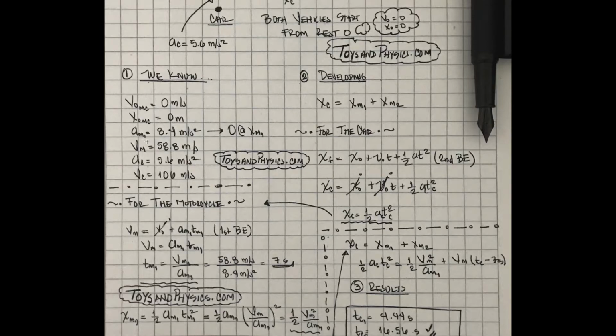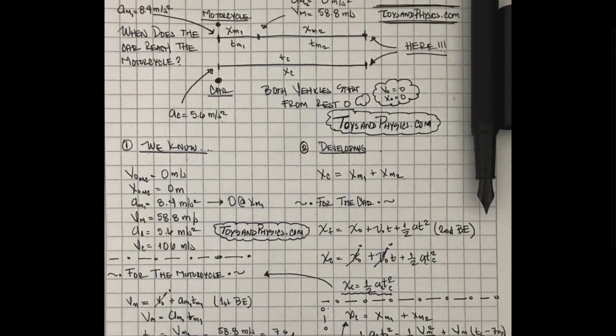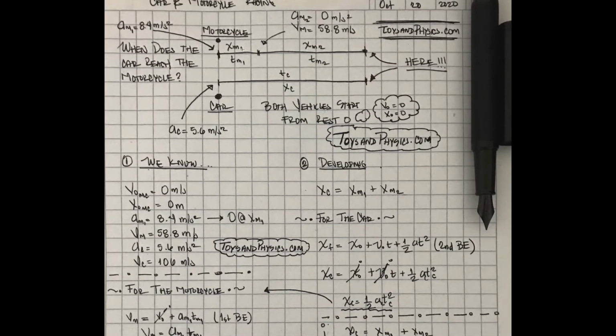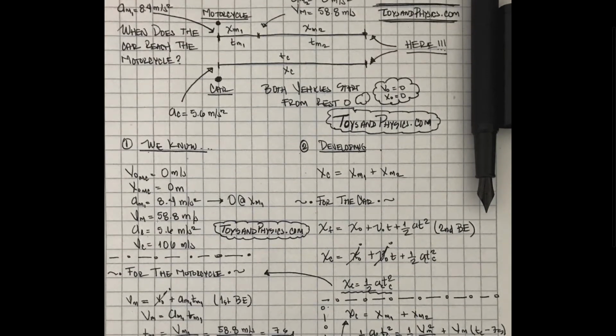I just labeled this am1 just to make it different from this, to emphasize that's the acceleration of the motorcycle during this initial displacement here, right? But eventually we know that once it's at xm1, that is here, that acceleration becomes am2, and it's zero. It goes to zero when the motorcycle is at xm1, right?